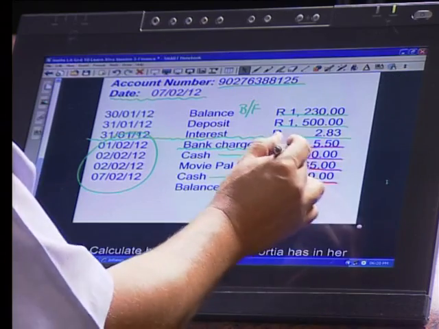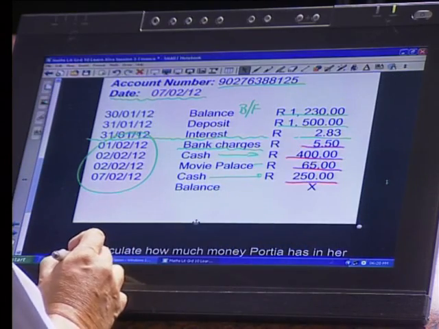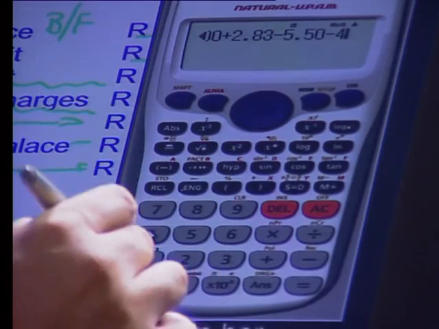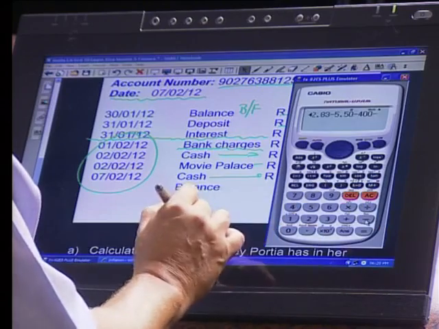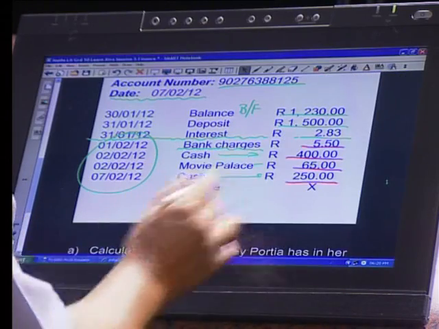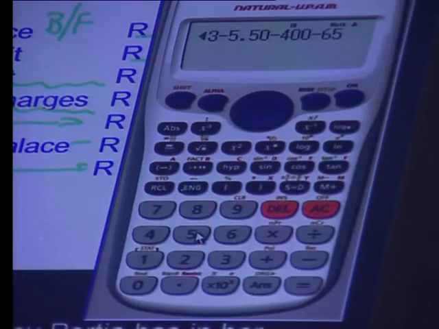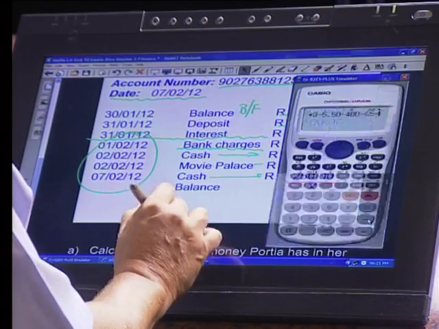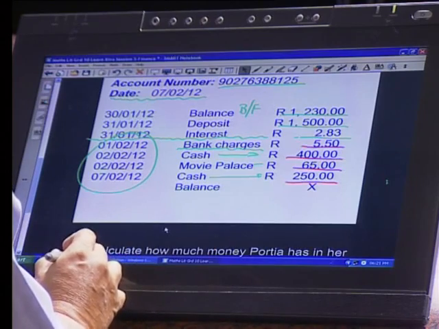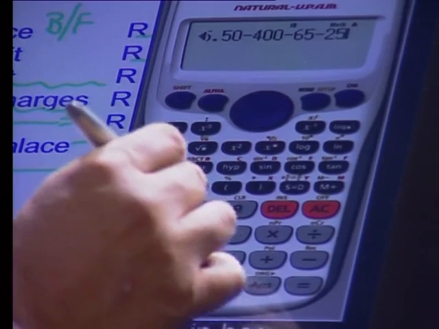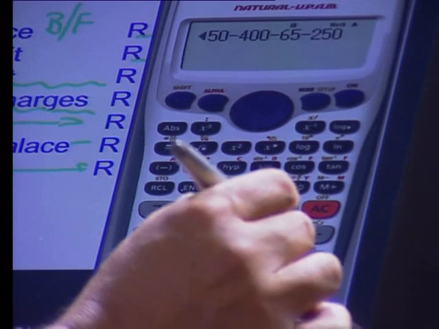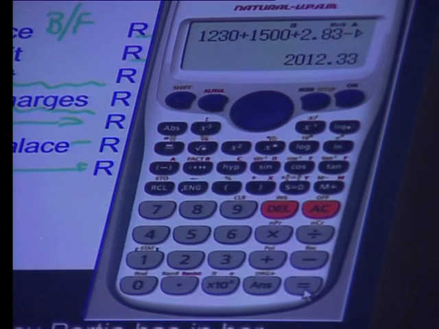Then she took out 400 Rand for cash. Then she went to Movie Palace and spent 65 Rand, so we're taking away 65 Rand. And finally, she took out some more cash of 250 Rand. Minus 250 Rand equals her bank balance is 2,012 Rand and 33 cents.